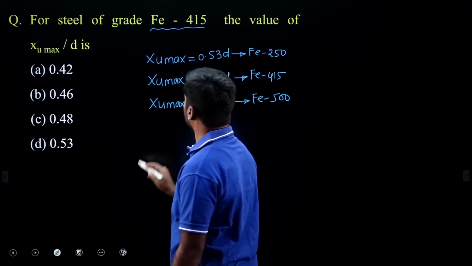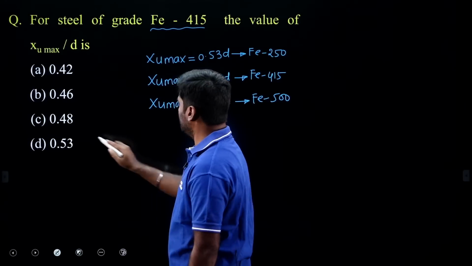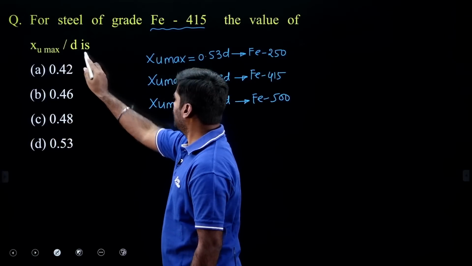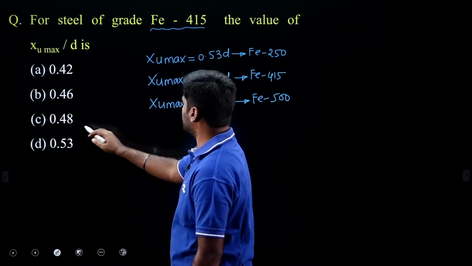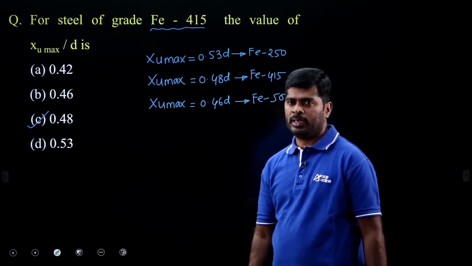Here they asked for Fe415. For Fe415 grade steel, XU max upon D, if you bring D to the left hand side, you will get 0.48 on the right hand side. Okay?